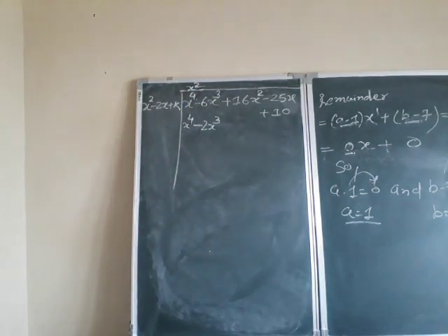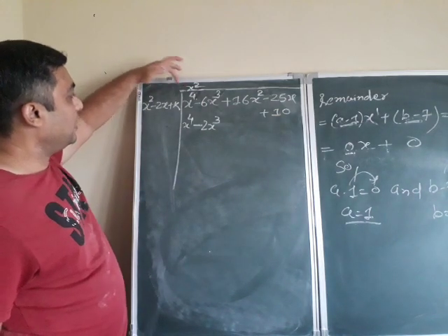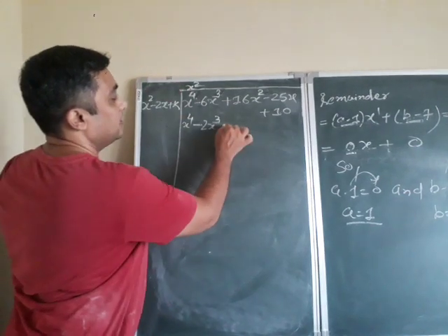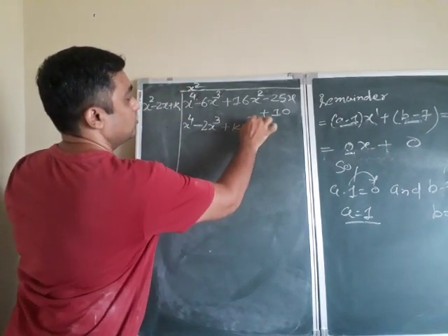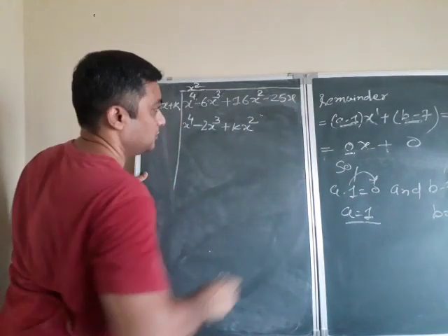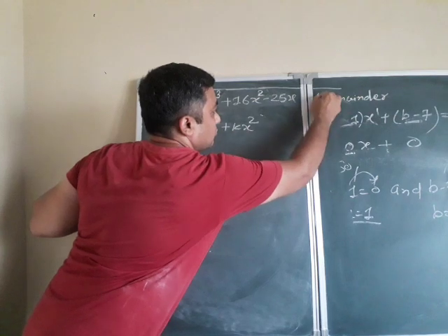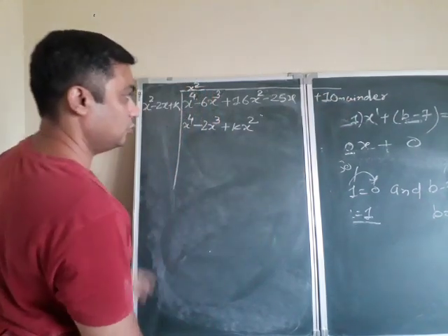Can you see this thing? Okay, chalo. So x square into minus 2x, it is minus 2x cube and k into x square, that is kx square plus 10, plus 10. Okay.